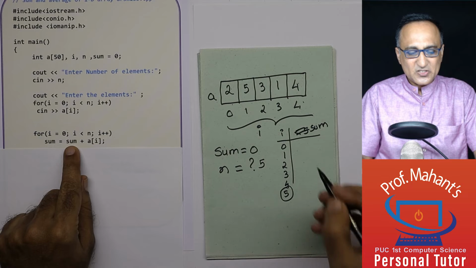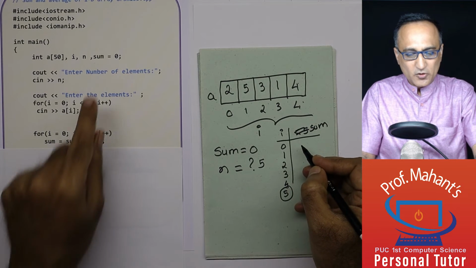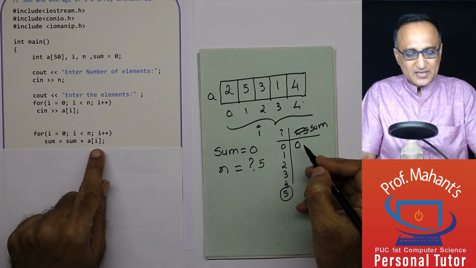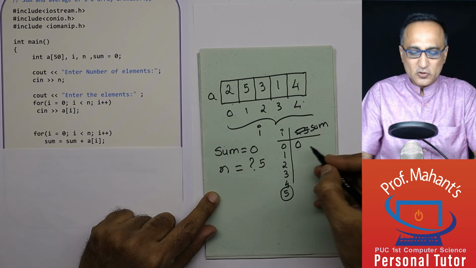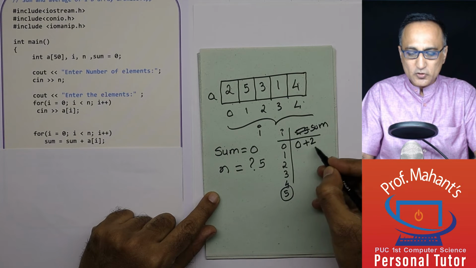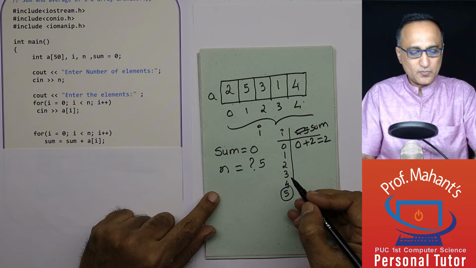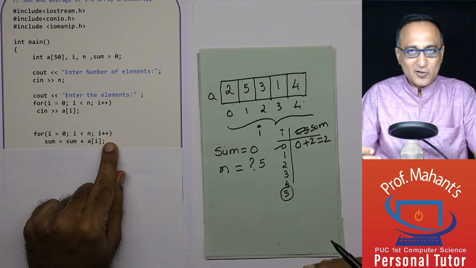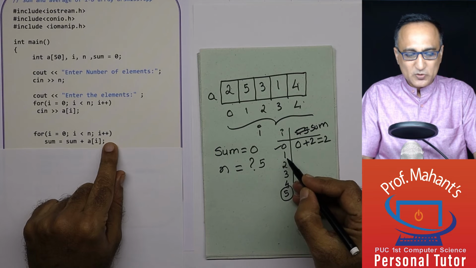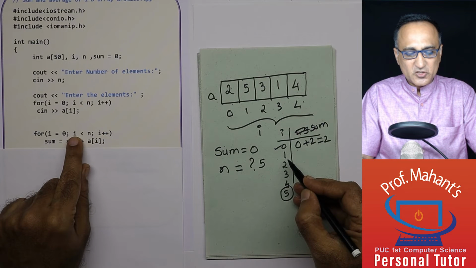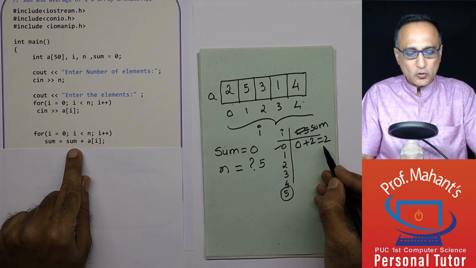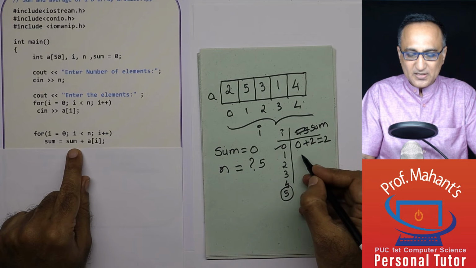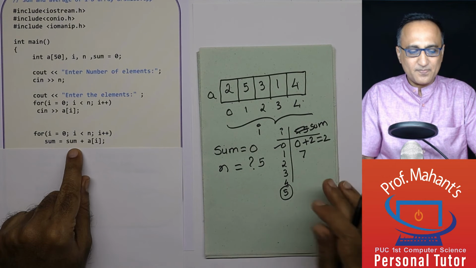Sum is 0, I have initialized it to 0 here. Sum is 0 plus A of I, A of 0 is 2, 0 plus 2. So sum is now equal to 2. I becomes 1. I'm just ticking off and reusing so it's easier to understand. This condition is true. Sum is 2 plus 5. It is now 7.